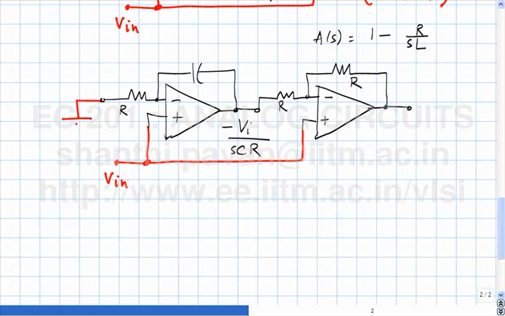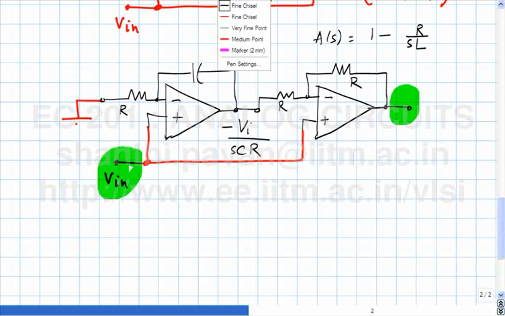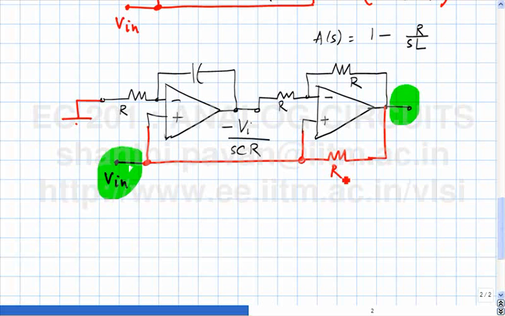So this is the input of the VCVS, this is the output. So what should I do now? Connect a resistor between the two.